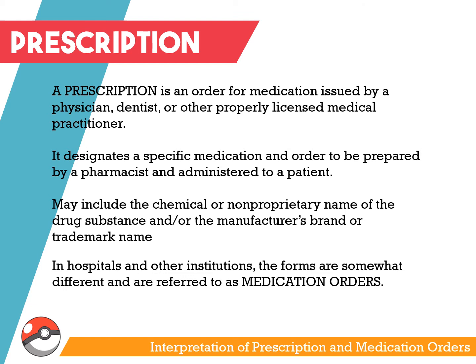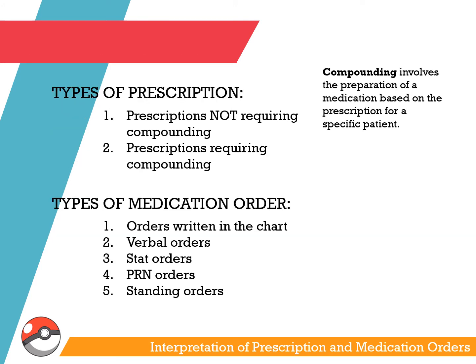Whilst medication orders are those that are used in hospitals and other institutions. There are types of prescription and types of medication order. A prescription may be a prescription not requiring compounding or a prescription requiring compounding.